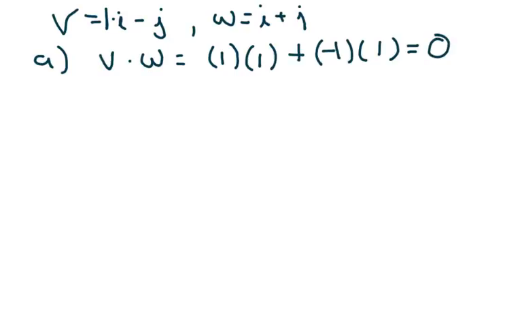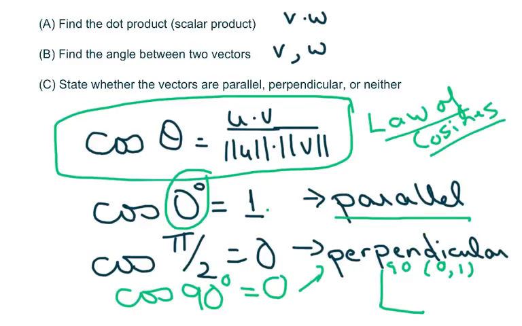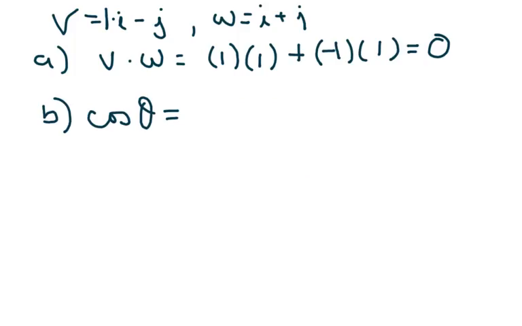Now, when we use our formula to find the angle between them, we have cosine of theta equals v dot w over the magnitude of v times the magnitude of w, and we already did those in another video.